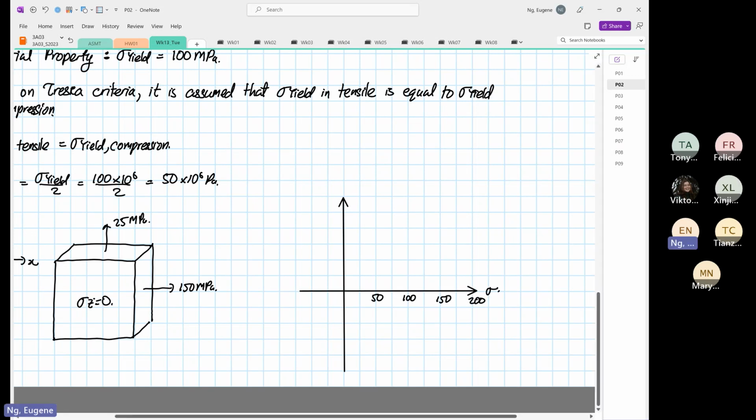So that is equal to 200. And our shear stress, this is 50.